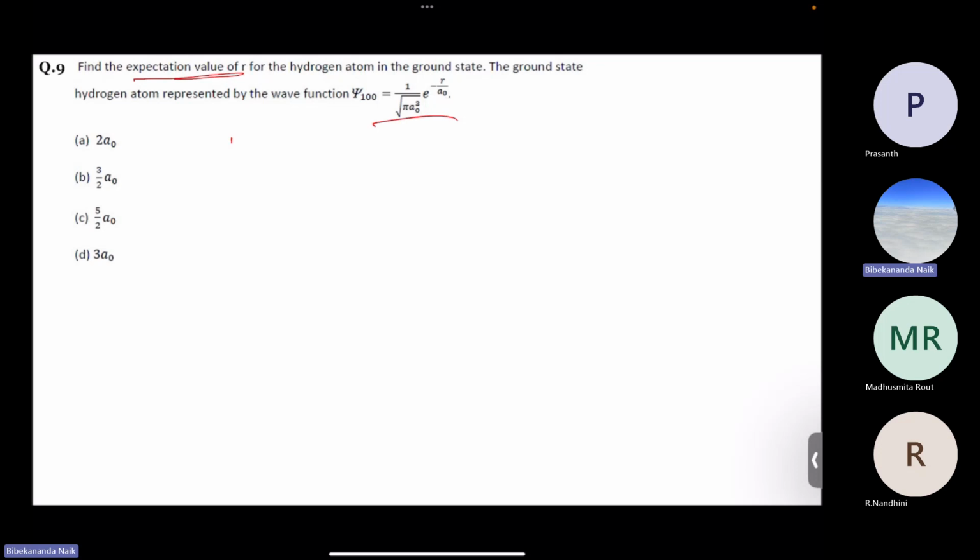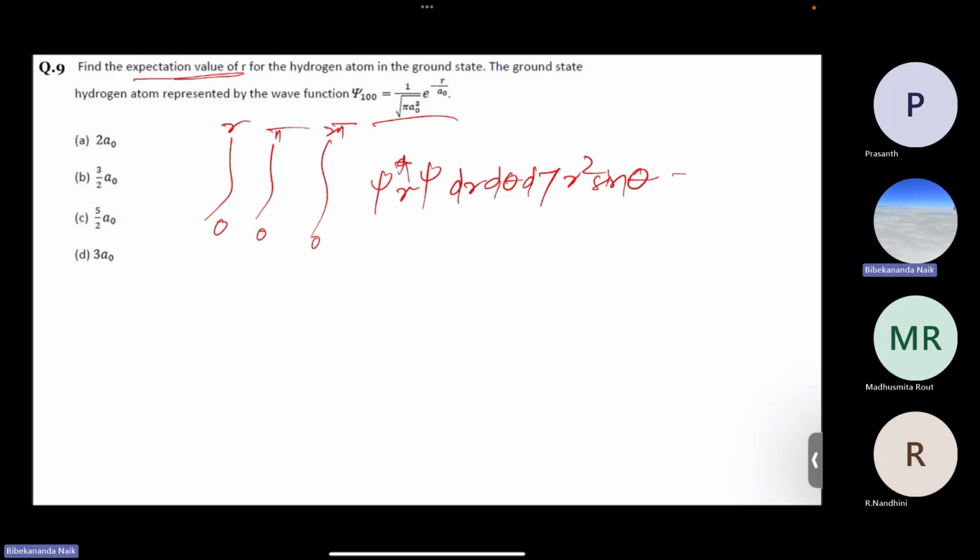So simply we will do the integration from 0 to infinity, 0 to pi, 0 to 2 pi, psi star, psi, r, dr, d theta, d phi, r square, sin theta. This will be the expectation value of r.